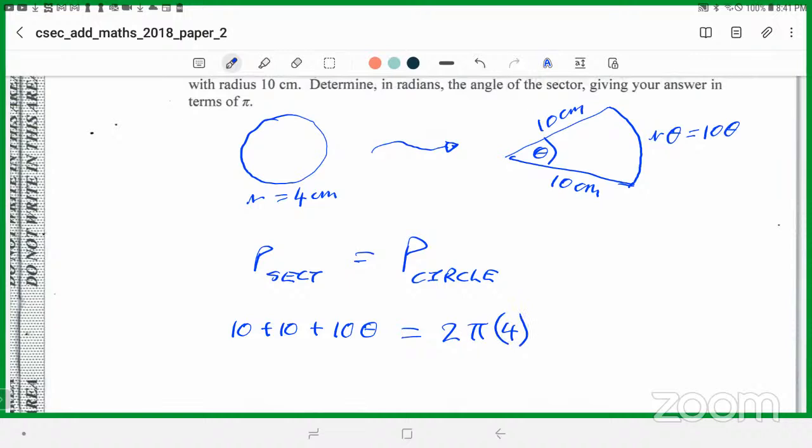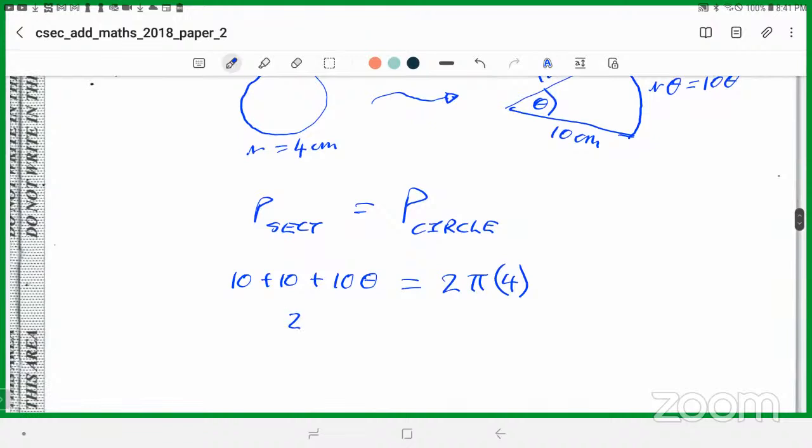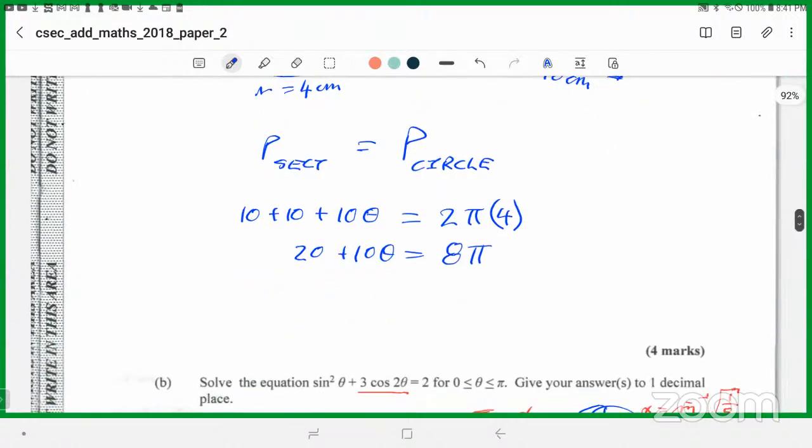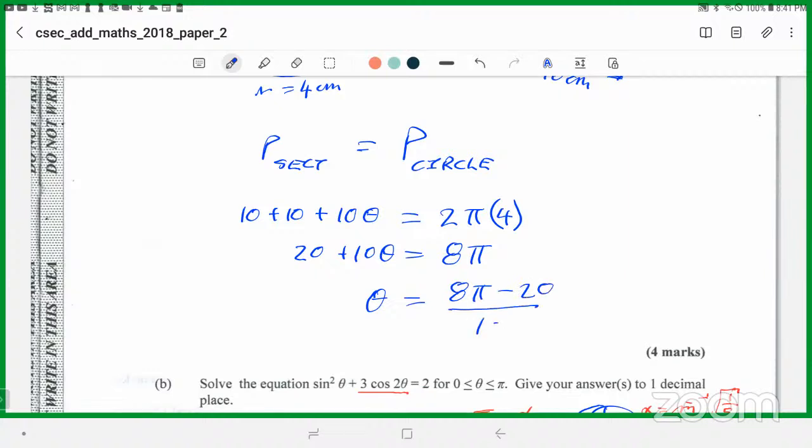To simplify, it is 20 plus 10 theta equals 8 pi. We subtract the 20 and divide by 10. So theta is going to be 8 pi minus 20, divided by 10.